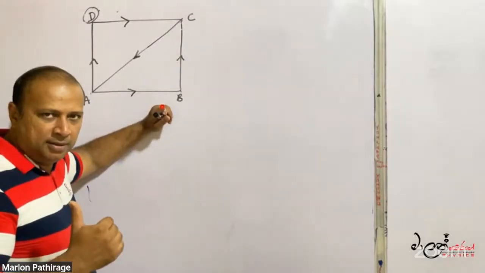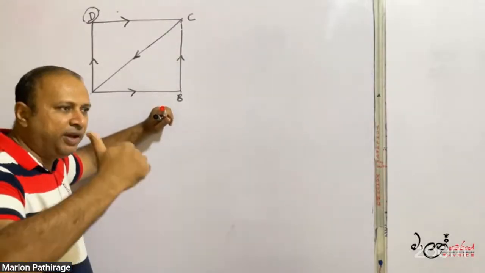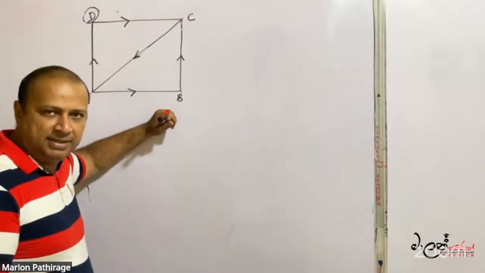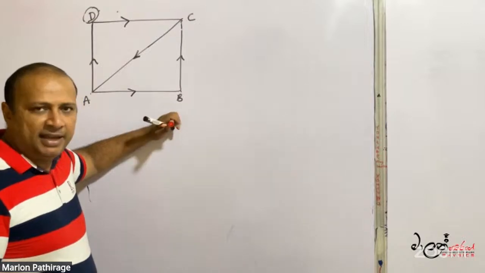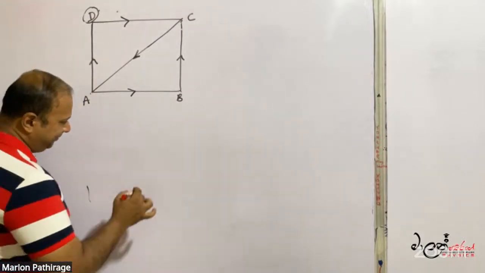Now, my objective is reducing the vector system into one single vector. In such cases, I can do it like this.